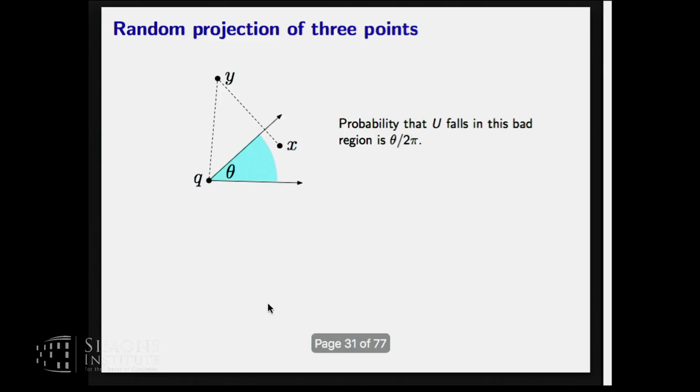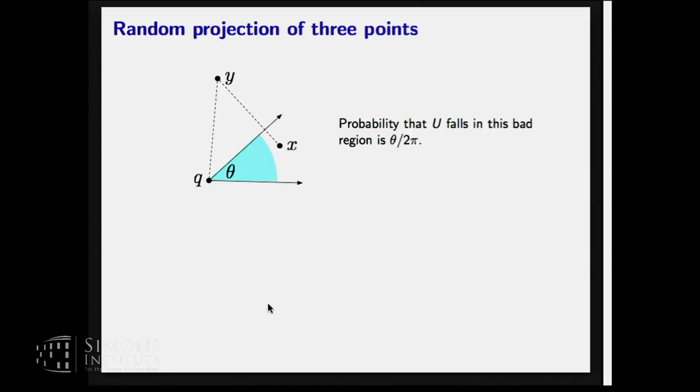So this is our query, this is the nearest neighbor and some other point. Let's say we pick this direction over here. If we pick a direction like that, we're good because y is out here and x is over there. Now let's move the direction clockwise. This is the first place at which we run into trouble, the perpendicular to the line connecting x, y, because at this point x and y fall onto the same point.